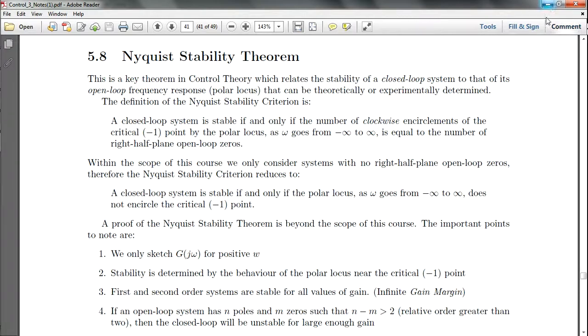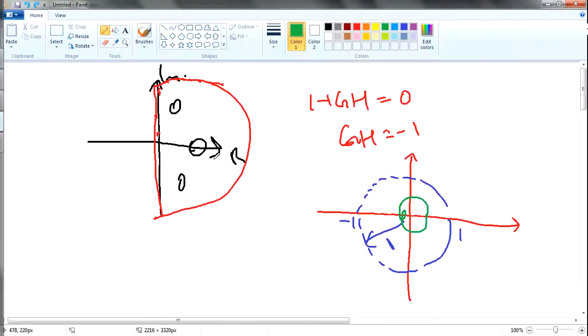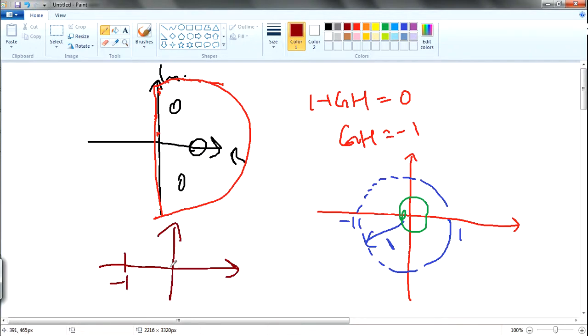So if the right half plane open loop zeros is, in this case, 3 poles, and the Nyquist plot encircles negative 1 three times, 1, 2, 3, this will be stable.